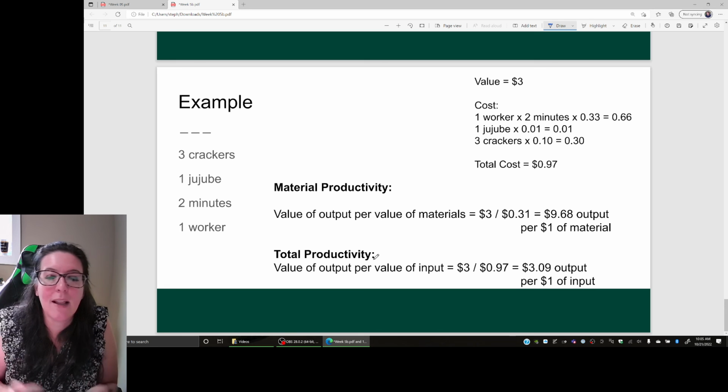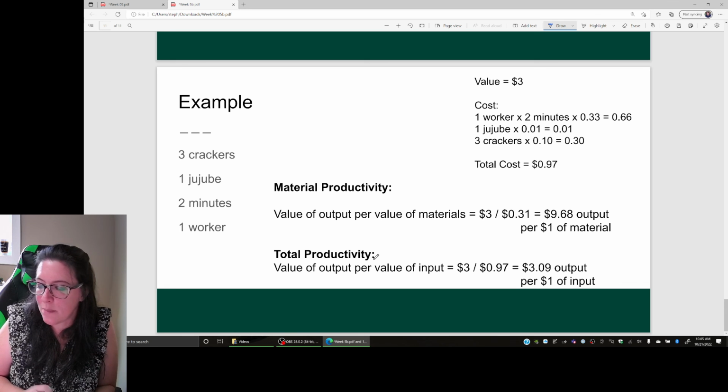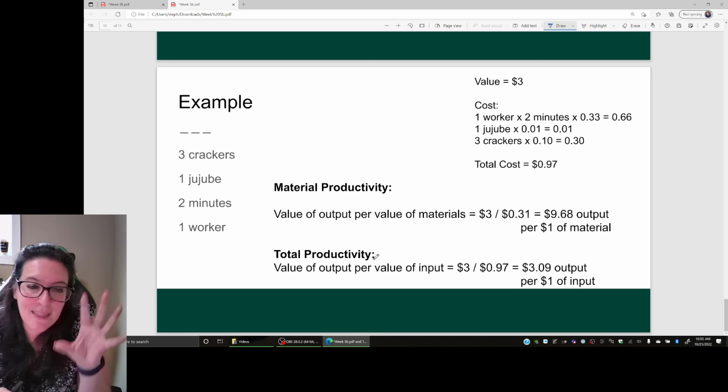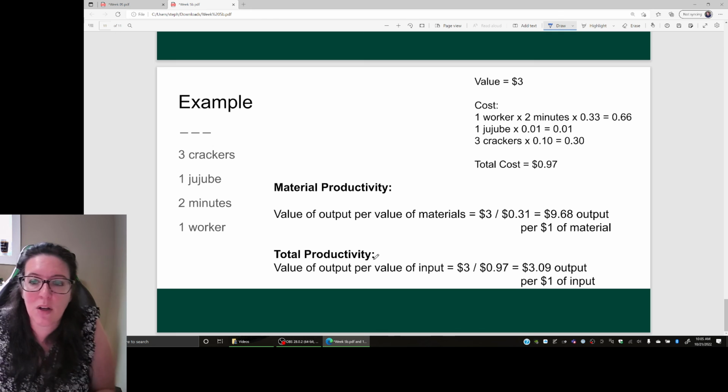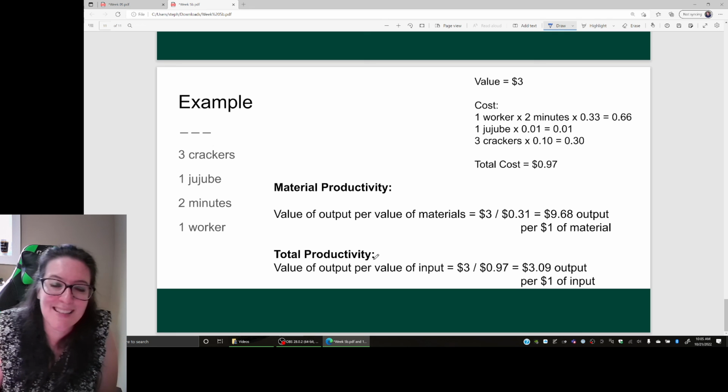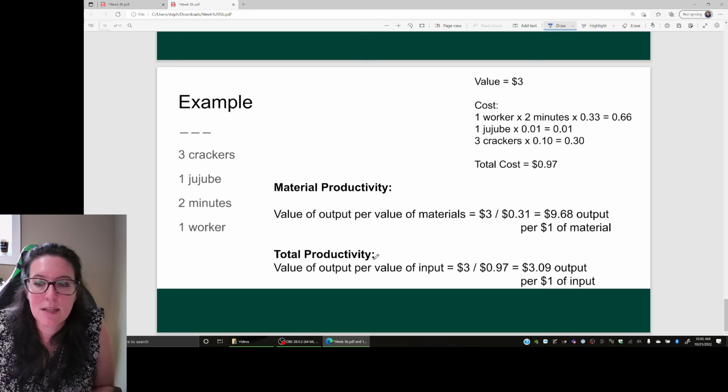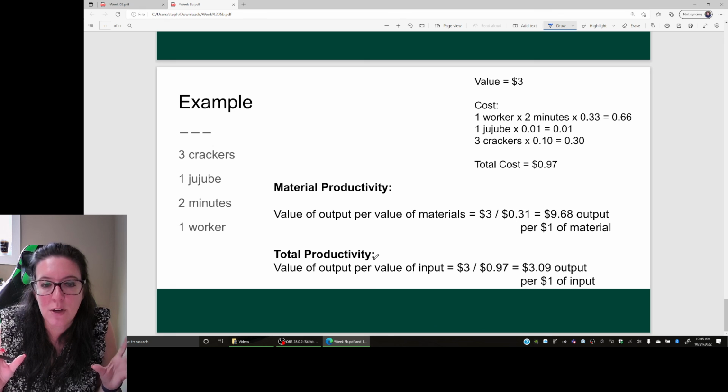We can look finally here at total productivity measures. We can combine the materials and combine the labor, so we've added up the total cost to make that gingerbread house. If we can sell it for $3 and the cost to make it is 97 cents, then essentially we are getting $3.09 worth of gingerbread houses for every dollar of input.